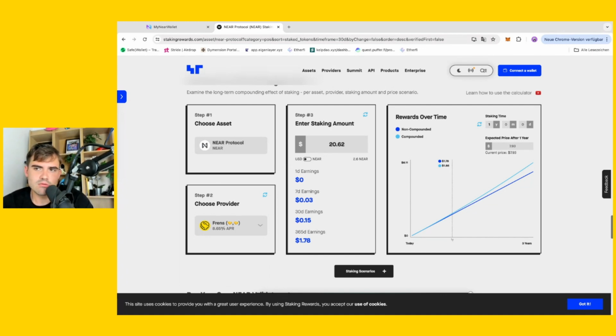Check them out on Staking Rewards, because Staking Rewards basically does a background check on everything to make sure that everything is safe. So this program is called the Verified Provider Program. So if a validator is a verified provider, then you can check this out on stakingrewards.com. And if you stake your NEAR with one of these validators via your Keplr wallet, you can look up if Staking Rewards, the entity that's really all about staking, made the check on them.